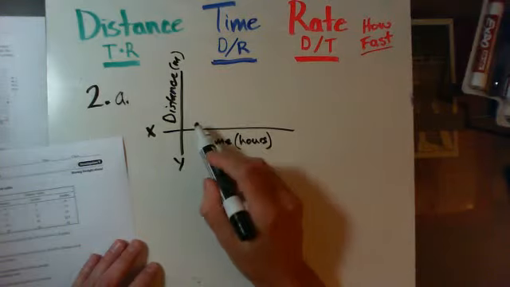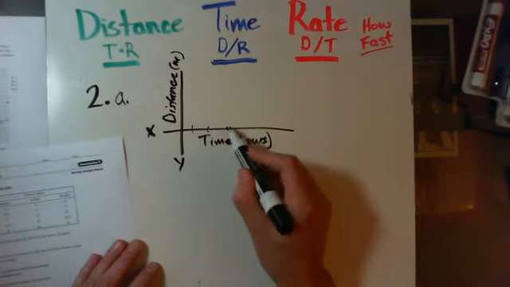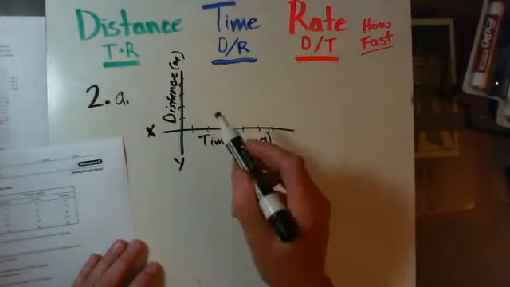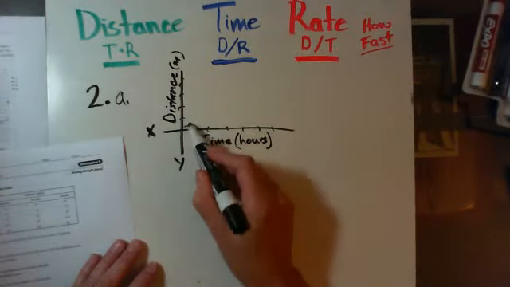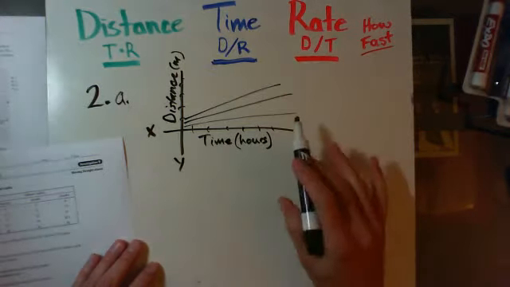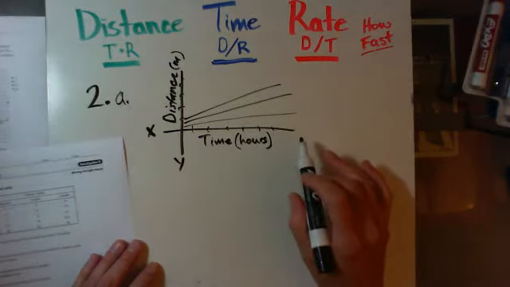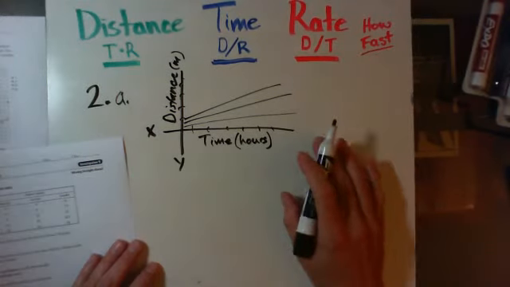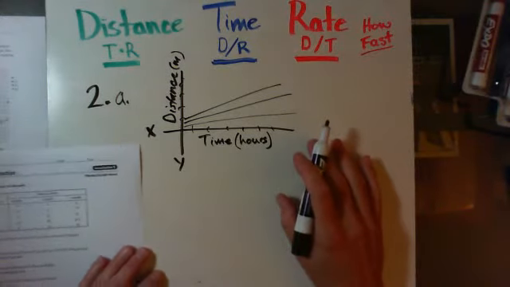And you'd create a graph plotting the points of distance over time for each rider. And your graph will look something like this. If you don't have graph paper, try to do the best you can, but I'll provide some in class.